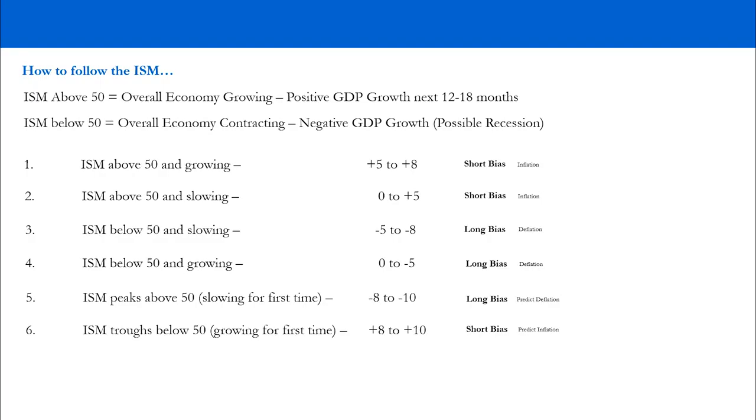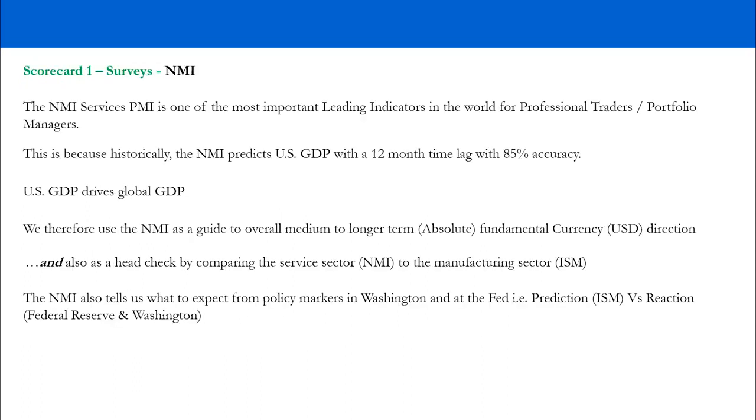How do we look at this? We score it in exactly the same way as we did with the ISM. Why is it important? Well, it's very leading in terms of the economy.